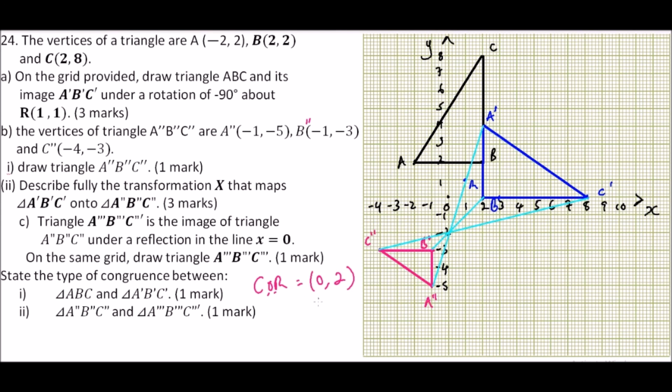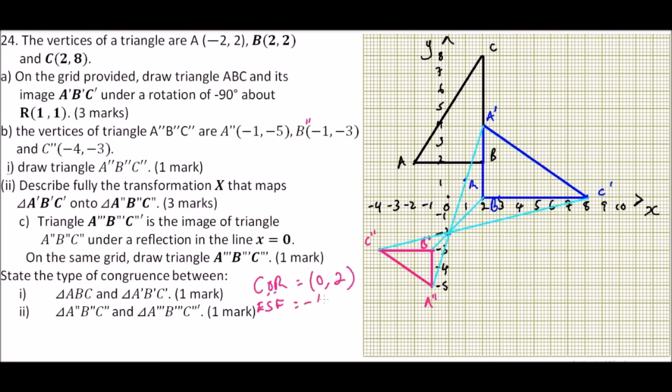The enlargement scale factor is, if you count the number of squares from A to B, 1, 2, 3, 4, and from A to B, you can see this one is a half, and because it is on the opposite side of the center of rotation, then that is equal to minus a half.